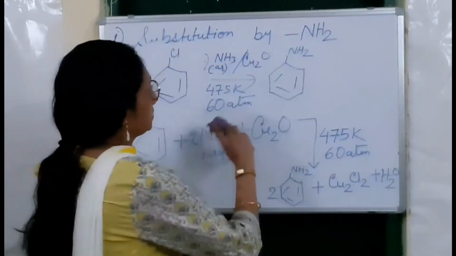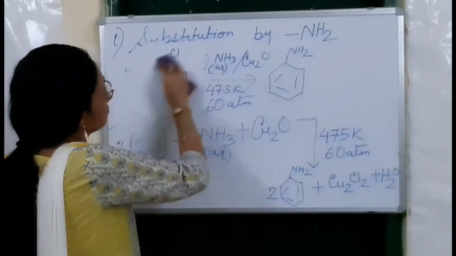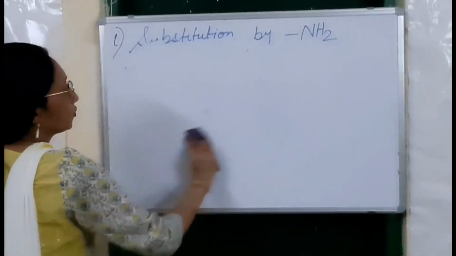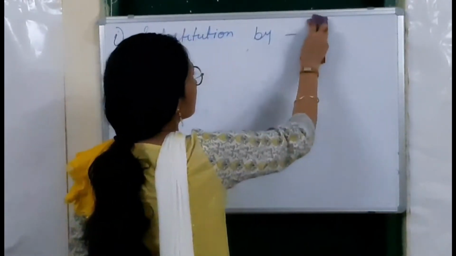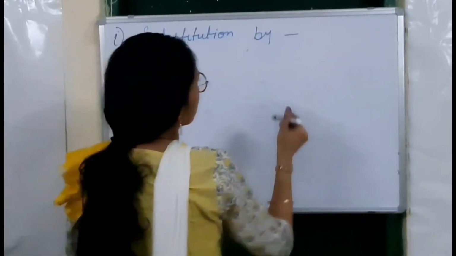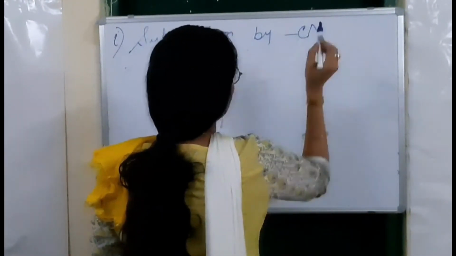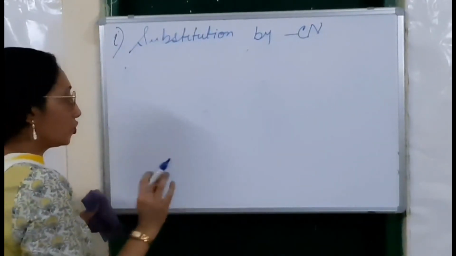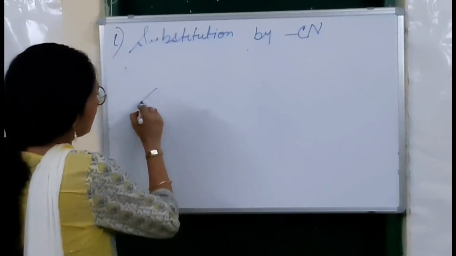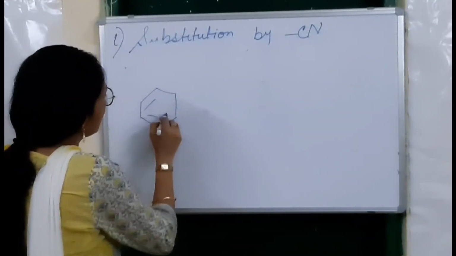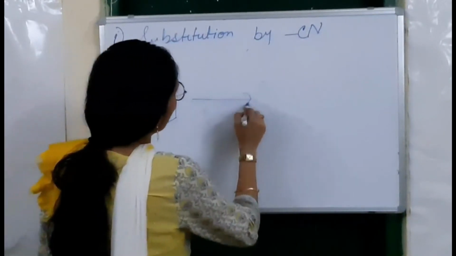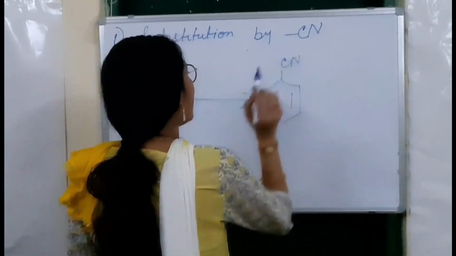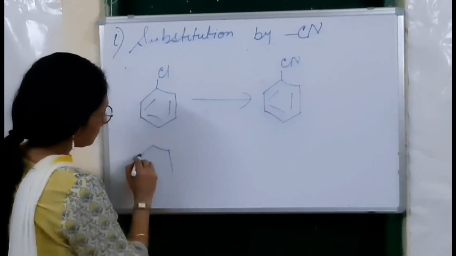Have you written this? Now we will discuss the next substitution, that is substitution by cyano group. Here again the conversion will be chlorobenzene to cyanobenzene.